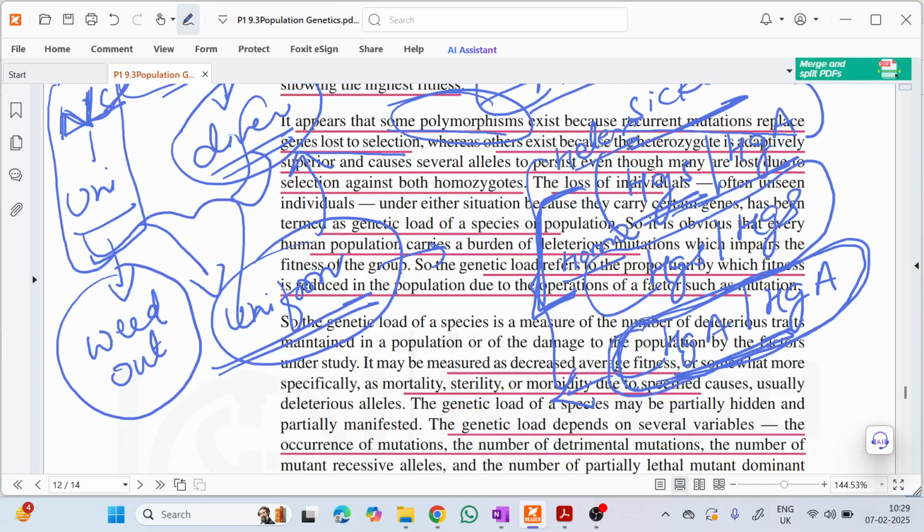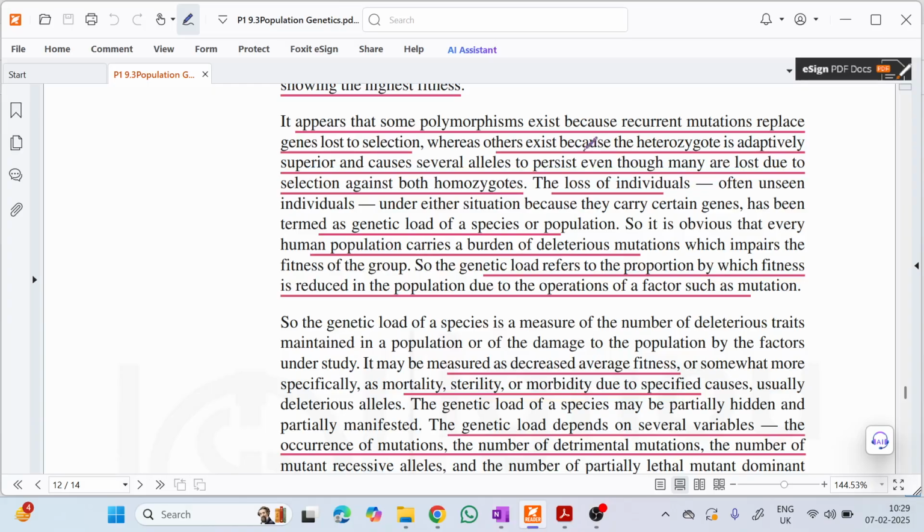So this particular variety, this morph, will ultimately be deleted from the system. And this is what is written here, that some polymorphism exists because recurrent mutations replace genes that are lost to selection. So mutations are there, but they are other polymorphism.